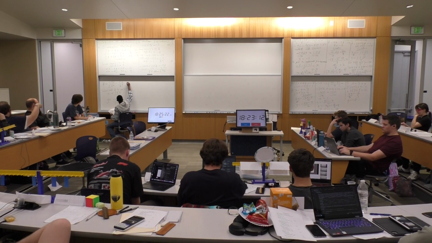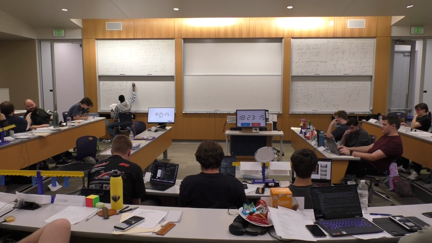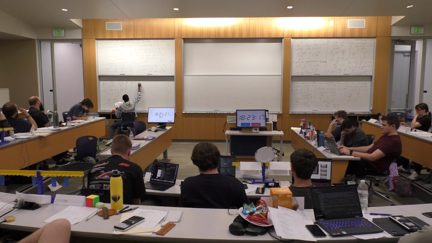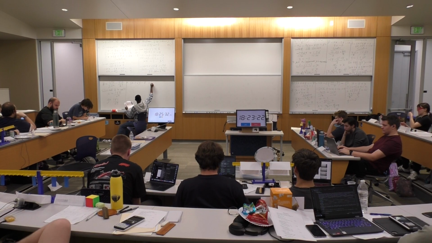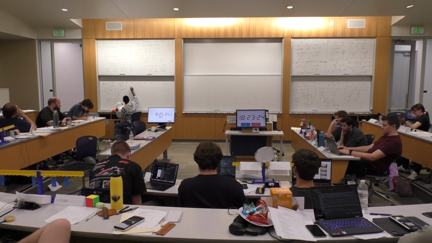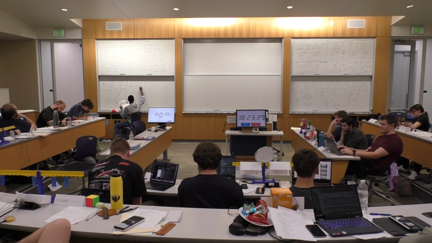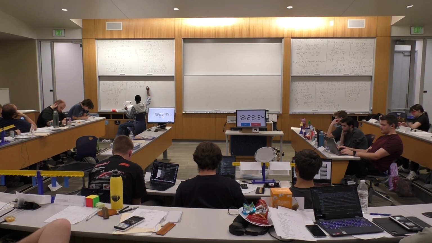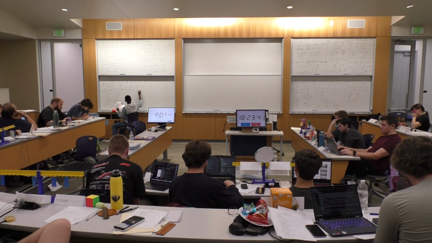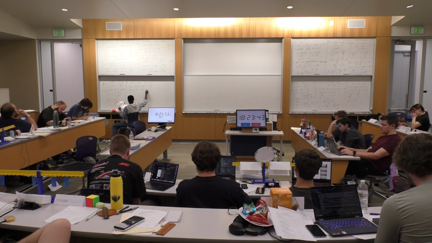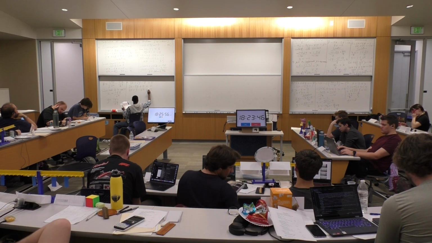So we have to solve another one. 3x plus 2y negative z equals 11. 2x negative 3y positive z equals 7. Next one, 5x positive y negative 2z equals 12.